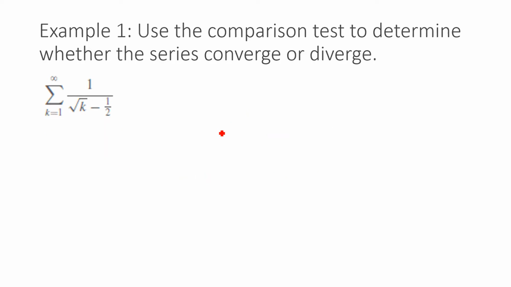Okay, so let's have a second example. Again, use the comparison test to determine whether the series converges or diverges. In this case, according to the second principle presented in the previous slide, we should be able to discard all but the leading term in the polynomial without affecting the convergence or divergence.